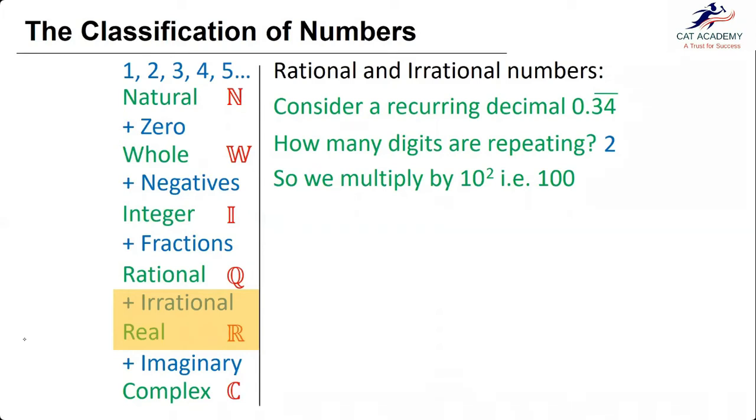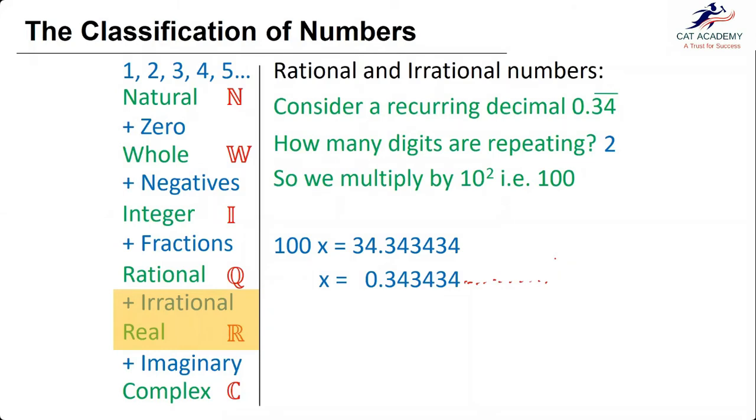So let's say x is equal to 0.343434 and so on. It doesn't end there, it continues. So when you multiply this by 100, what do you get? 100x is equal to 34.34343434. When you multiply this by 100, your decimal would shift two digits, right? Correct? So when your decimal point shifts two digits rightwards, it will become 34.3434.